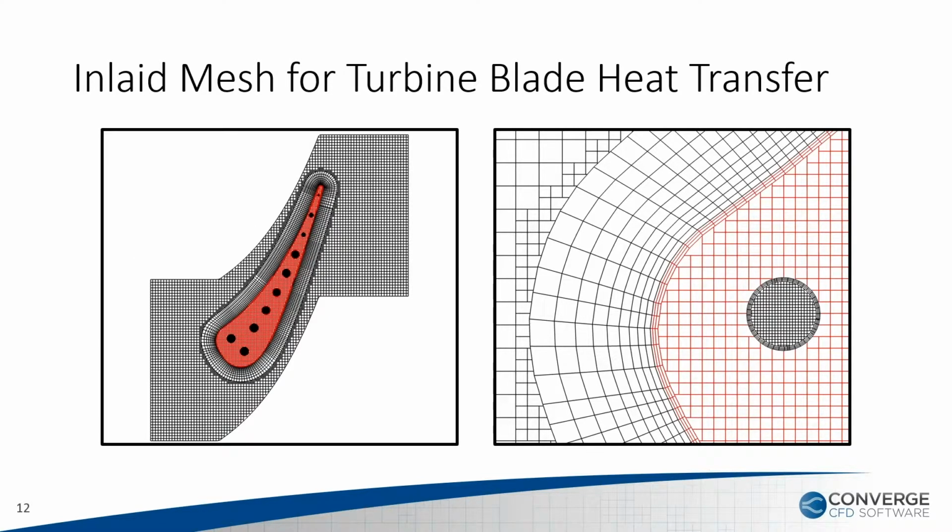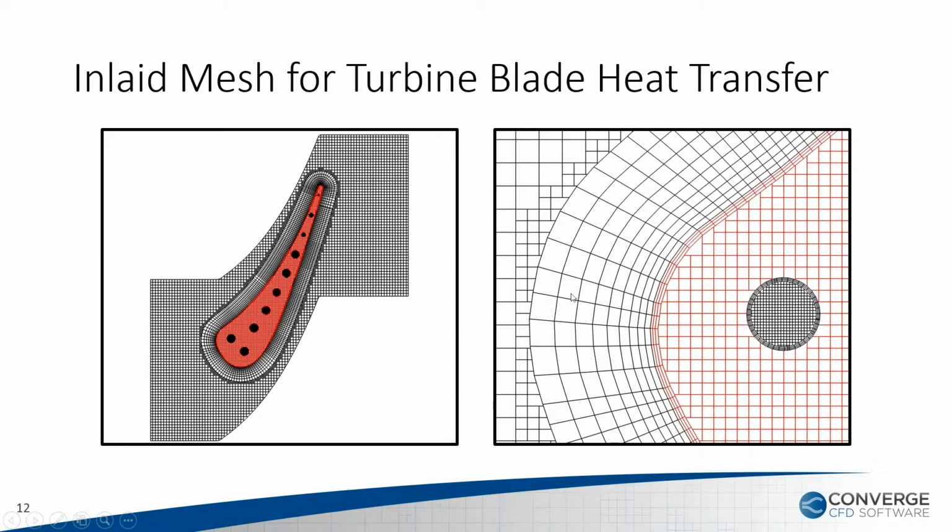Here's another case for which it might be useful to use the extrusion feature. We're looking at a turbine blade here. And what we have done is create an inlaid mesh around the turbine blade, as you can see here. On the right-hand side, we're looking at a certain small section of the turbine blade.